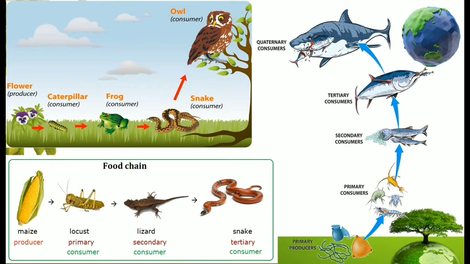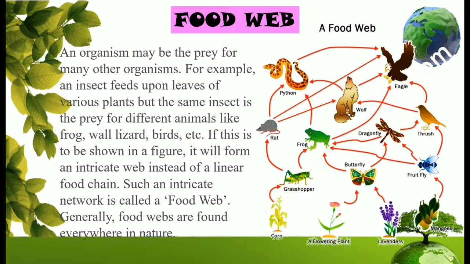These are then eaten up by the primary consumers, that is the prawns or the shrimps, which is then eaten up by the secondary consumer. Slightly bigger fishes, and then tertiary consumers, and then quaternary consumers. You all can see how the level keeps on increasing. And this is how the food chain looks like.